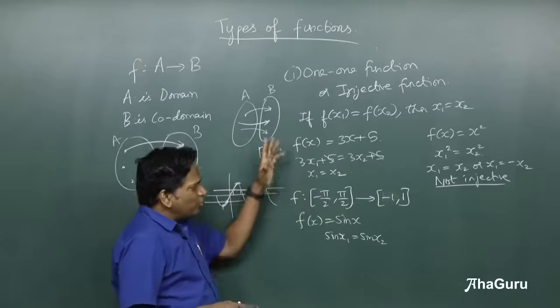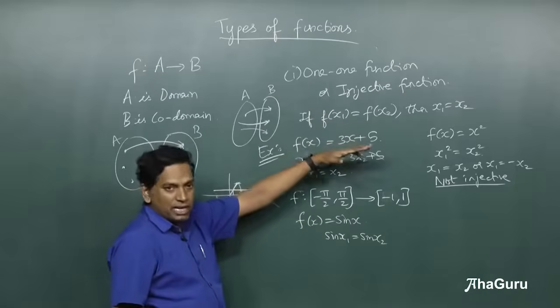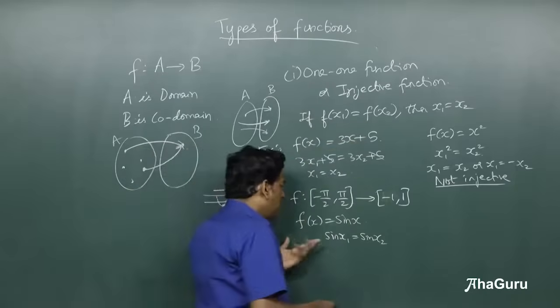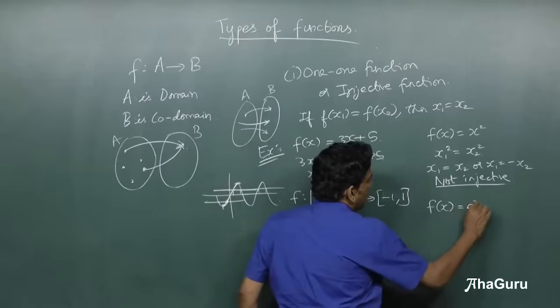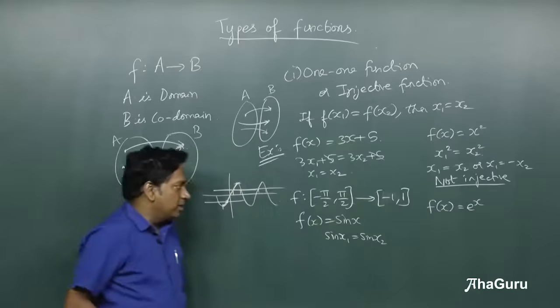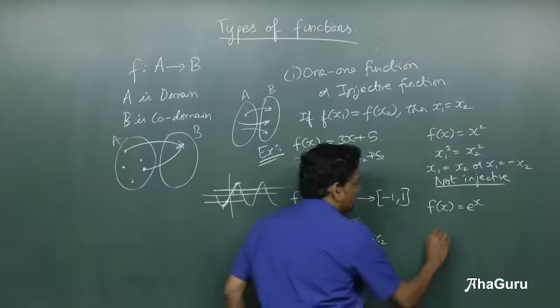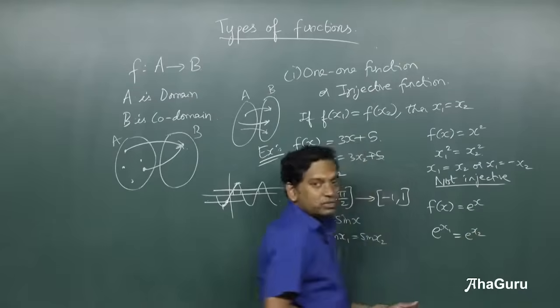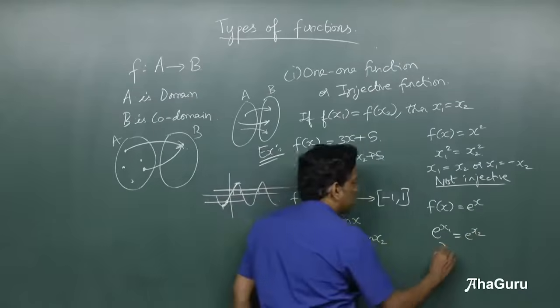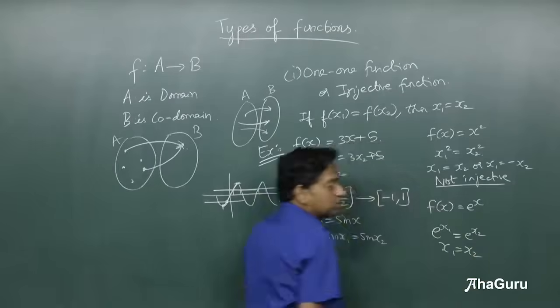Of course, we can come up with many more examples. For example, if you take f of x is equal to e power x, that's also an injective function, because e power x1 is equal to e power x2 will imply x1 is equal to x2.